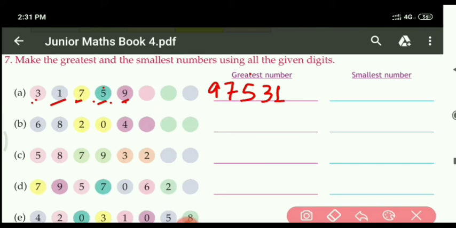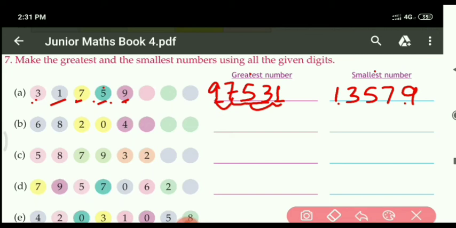So what is the bigger number, meaning the greatest number? 97,531. Now the smallest number is just the opposite of the greatest number. We can write like this also: smaller number 1, then 3, then 5, then 7, and last is 9. So here you can see the order coming is smaller to bigger number. It is also ascending order.